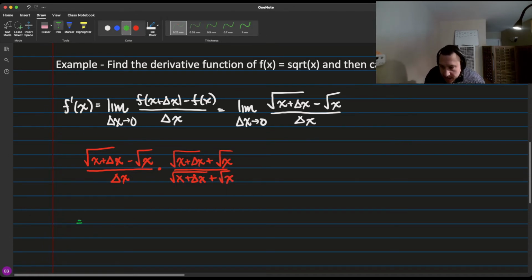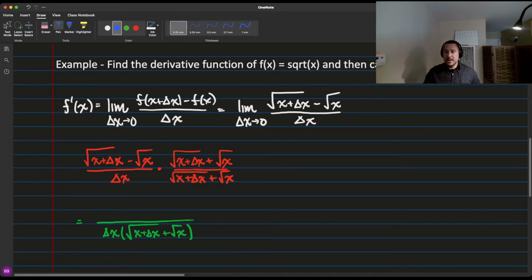Let's change the color. So on the bottom, you're going to get delta x times square root of x plus delta x plus square root of x. Okay, now on the top, when you multiply them, you're going to get x plus delta x minus x.